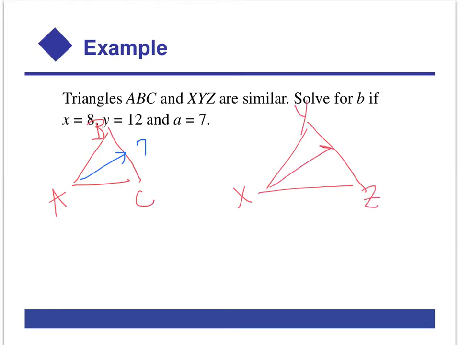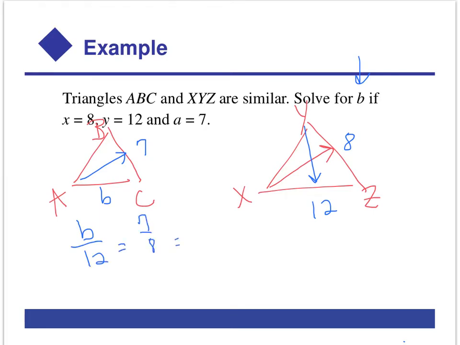Said that side X is 8 and side Y is 12. So if you line things up based on where their sides are, this is lowercase b, because that's what we're looking for, is our side b. So b over 12 equals 7 over 8.